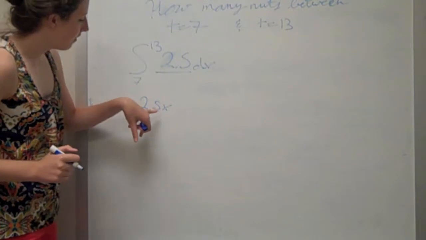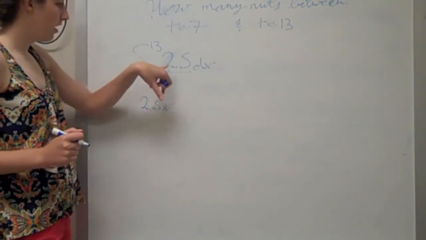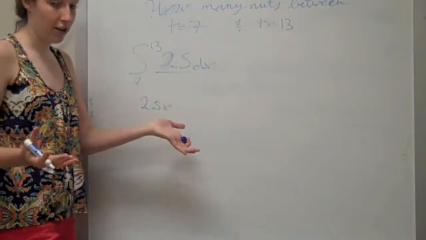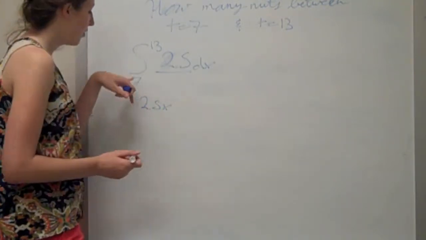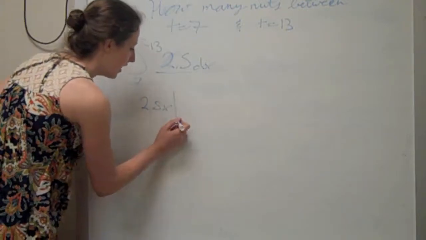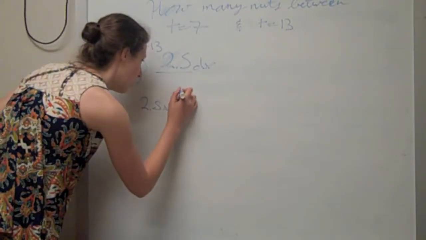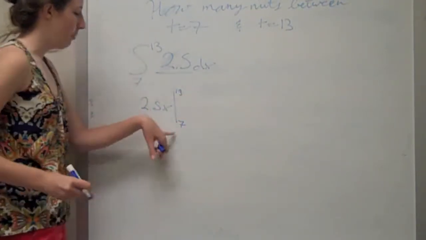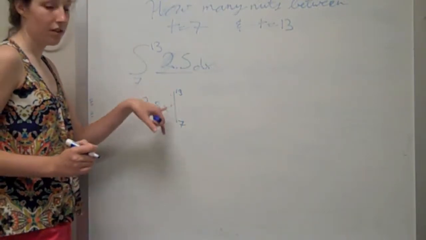And when you take the derivative of 2.5x, we know that it's 2.5, so we've got the right antiderivative. Now to show the antiderivative is being evaluated between 7 and 13, we put this nice long vertical line, and 13 on the top and 7 on the bottom, to show those are our bounds.